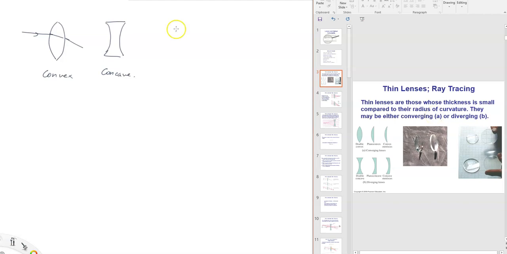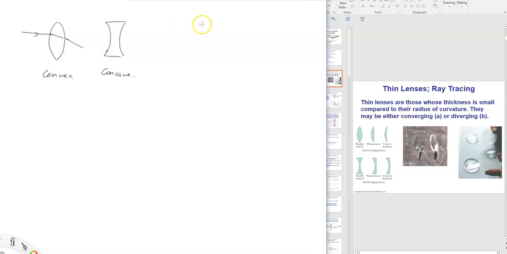What is that? So here's a lens, and compared to the radius of curvature, the radius of this circle, the thickness is small.